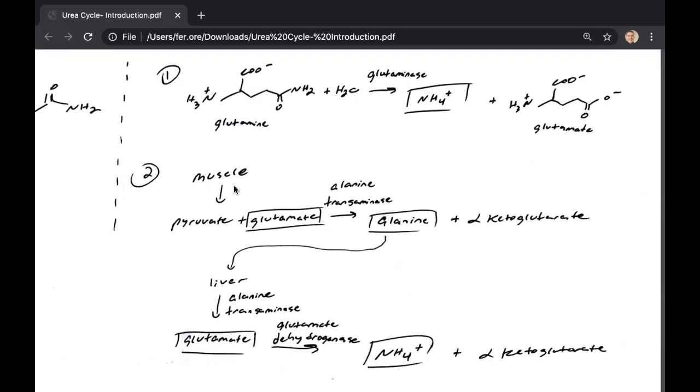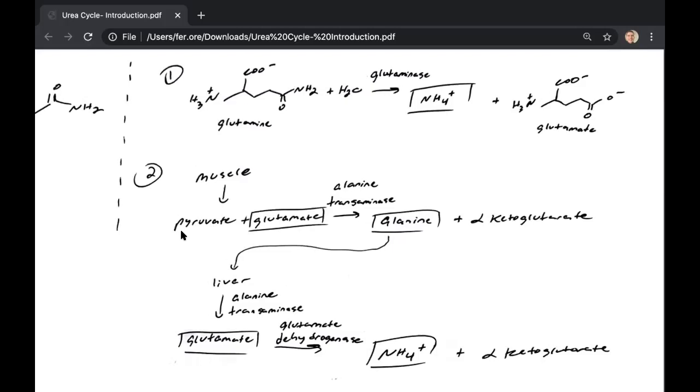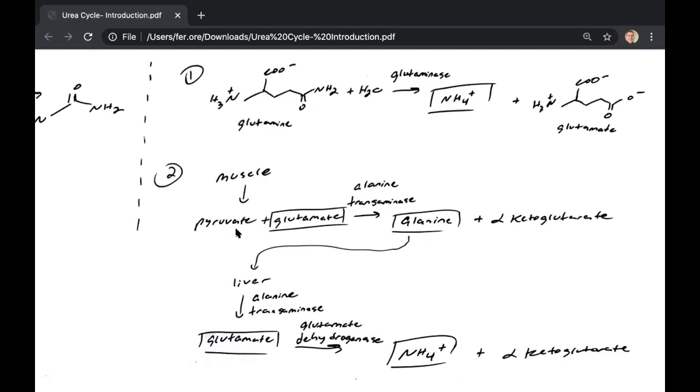So in muscle tissue, metabolically active cells will naturally produce pyruvate, a metabolite of glycolysis. And this pyruvate will interact with another amino acid, glutamate, in this really cool reaction mediated by this alanine transaminase.